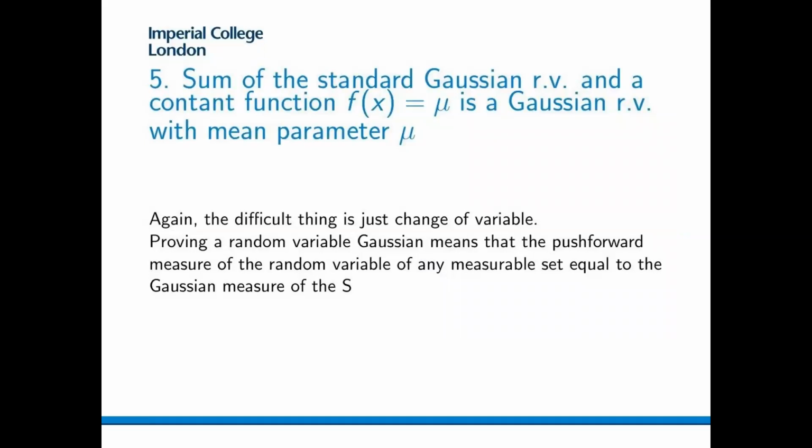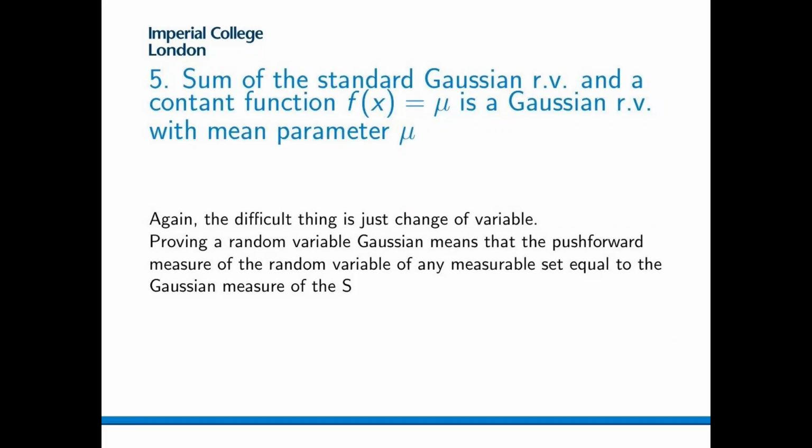With these two definitions, we can go to our fifth important result. That is the sum of the standard Gaussian random variable and a constant function. It's a Gaussian random variable with the mean parameter mu.